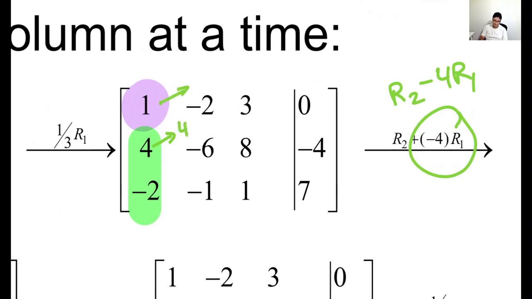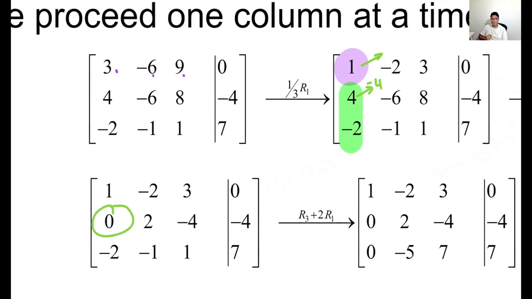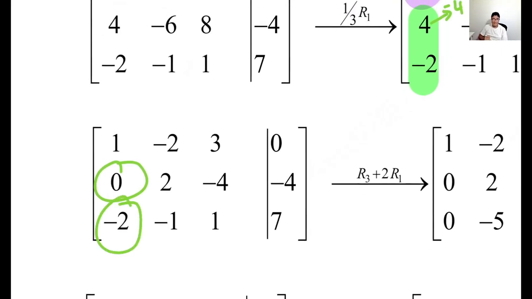So 4 minus 4 will make it 0, right? That's the goal. So you get that 0. That gives you the idea. You have -2 here. What do you do? Add 2 times the first row.